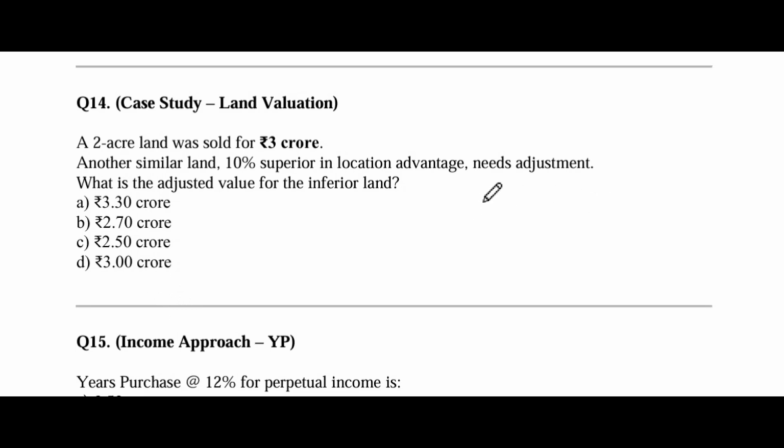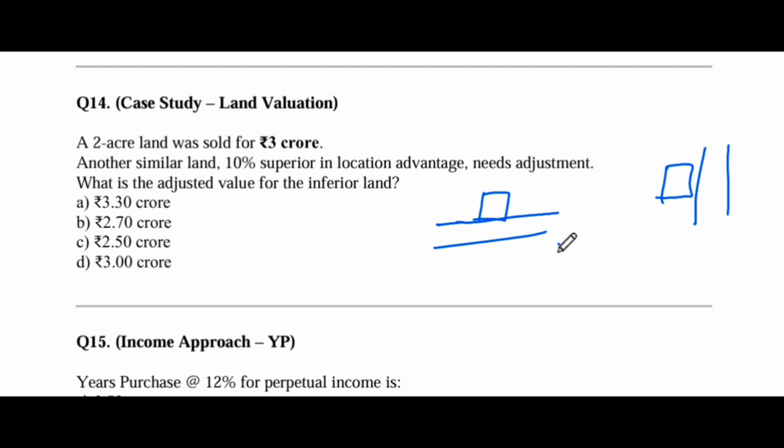We have a land in a location, and another similar property in another location. So our land is 10% inferior actually because the other similar land is having 10% superiority.